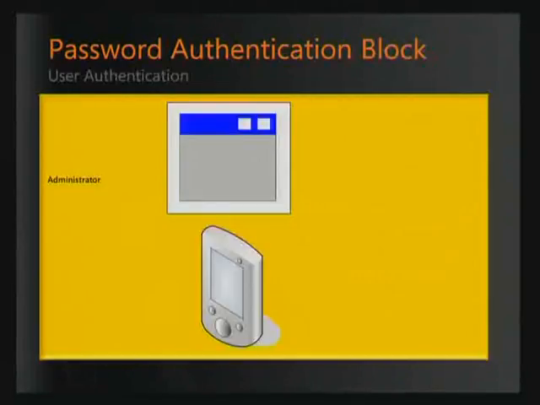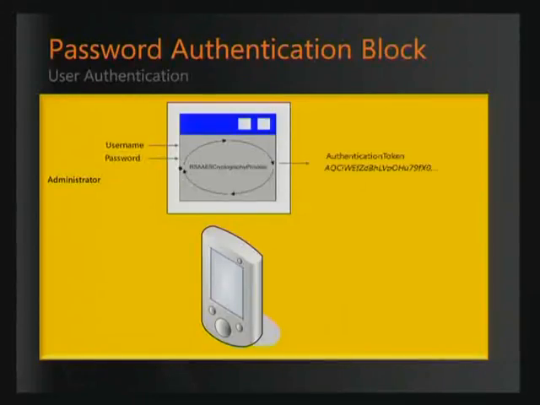In the password authentication block, there are some classes and methods that make this job quite easy. This is how it's typically going to work. You're going to have a desktop program which is in the charge of your systems administrator. They run that and put in the username and password for your mobile users.